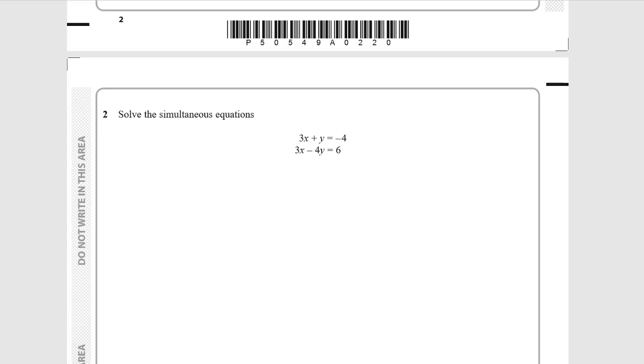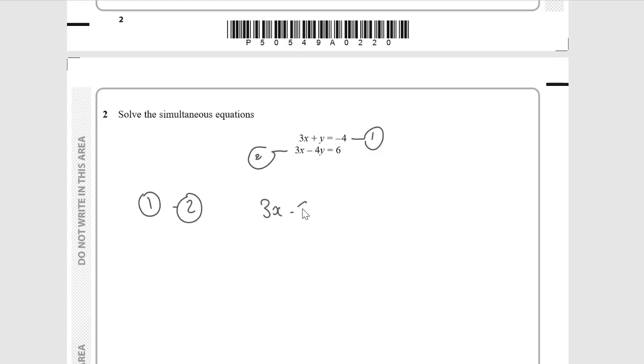So here are simultaneous equations. For question 2, solve these. I'm going to use elimination because I see 3x in my equation 1 and 3x in my equation 2. Since we want to avoid any negative numbers on my y, I'm going to say 1 subtract 2, so equation 1 subtract equation 2.